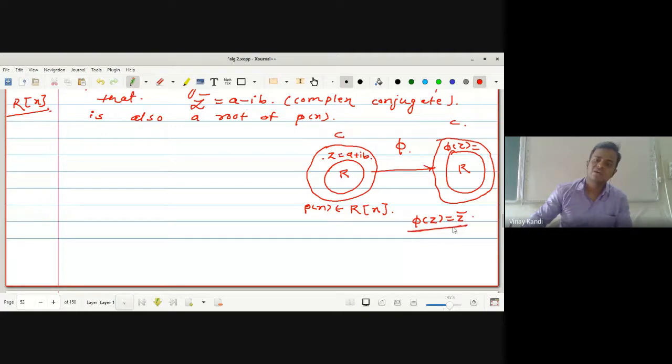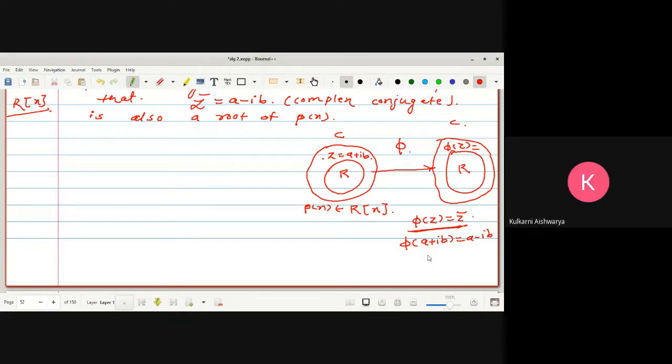जर मी हा फंक्शन 1 1 ऑन टू आणि आयसोमॉर्फिझम दाखवला तर काय होईल, phi of z काय होईल, हा रूट ऑफ दिस पॉलिनॉमियल. ओके, म्हणजे काय, phi of a plus ib is equal to a minus ib. ओके, एनी डाऊट?